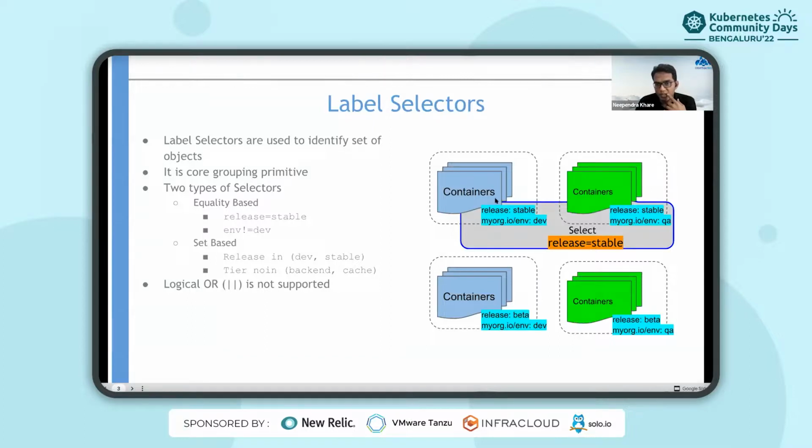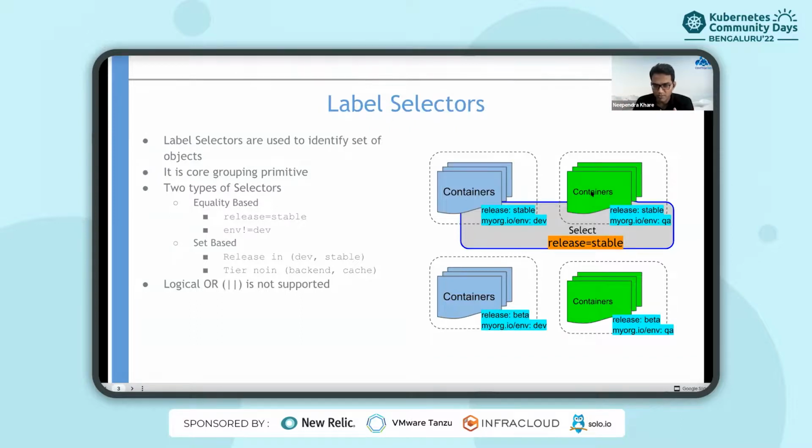Here I'm saying, give me all the pods where release is set to stable. As you can see, this one is a blue pod, that is a green pod, or whatever color it is, but I'm loosely coupling my applications even if they have not come from the same deployment.